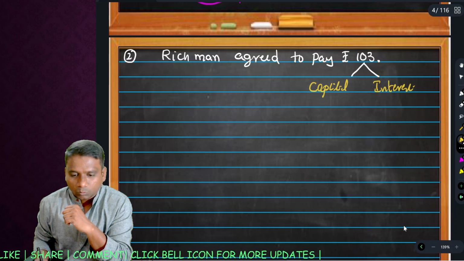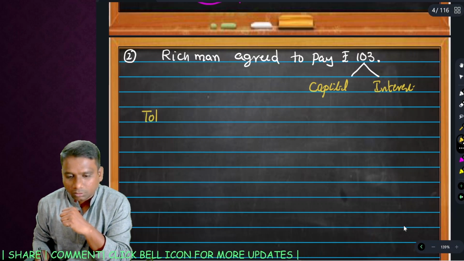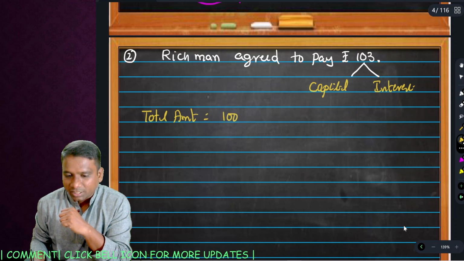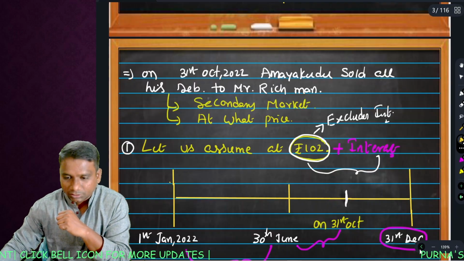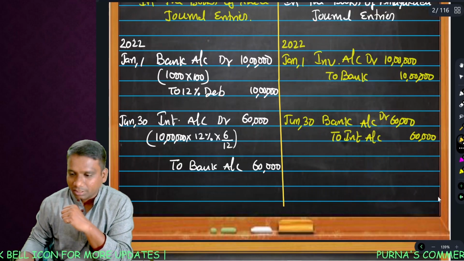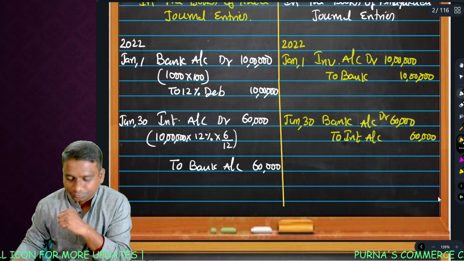103 means what is the total value? Total amount is equal to how many debentures? 1000. What is the price? Excuse me, earlier it is not 10 lakhs. Sorry.